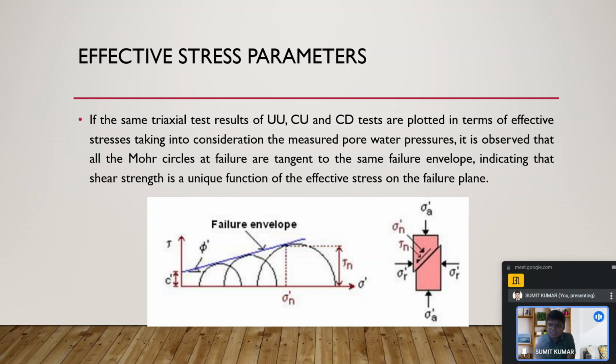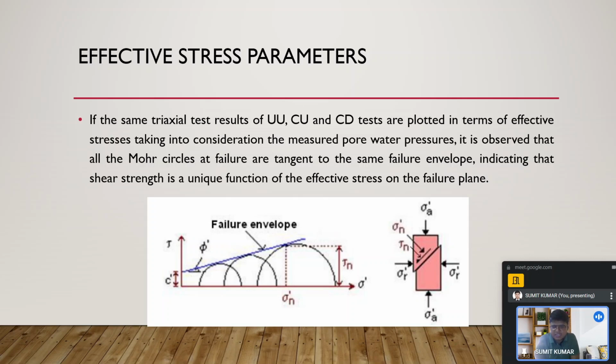If the triaxial test results of UU, CU and CD tests are plotted in terms of effective stress, taking into consideration the measured pore water pressure, it is observed that all the Mohr circles at failure are tangent to the same failure envelope, indicating that the shear strength is a unique function of the effective stress on a failure envelope.